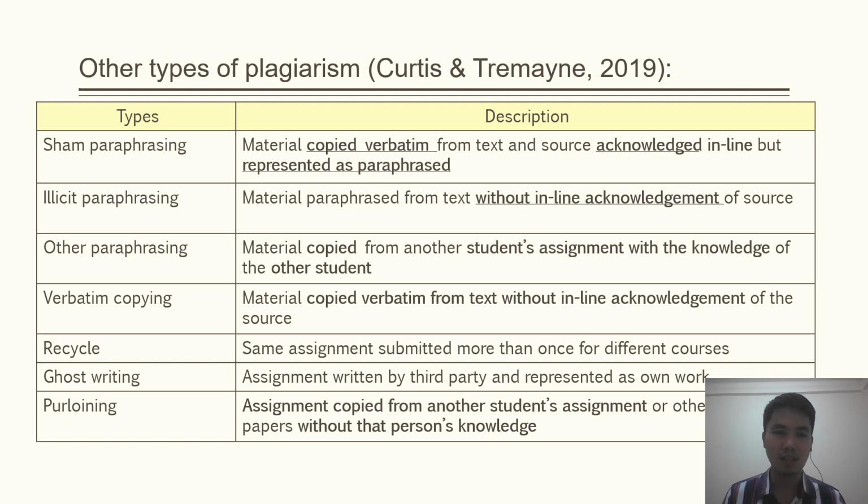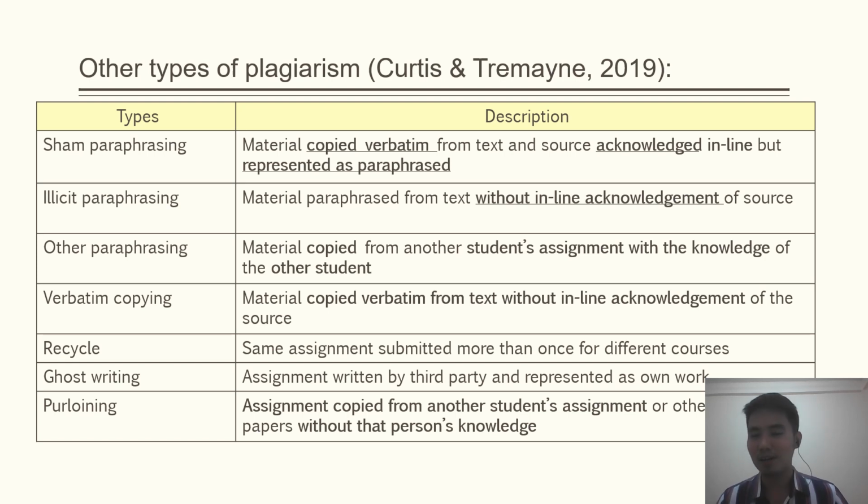Another is illicit paraphrasing. Illicit paraphrasing is when the material is paraphrased from a text without in-text citation or in-text acknowledgement of the source. Other forms include material copied from a student's assignment without the knowledge of the other student.